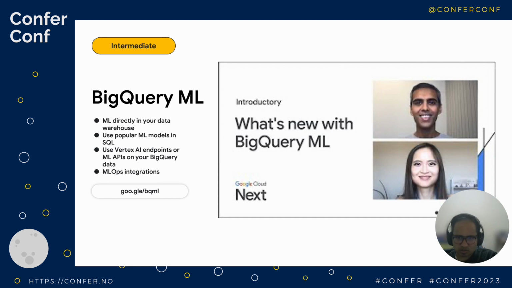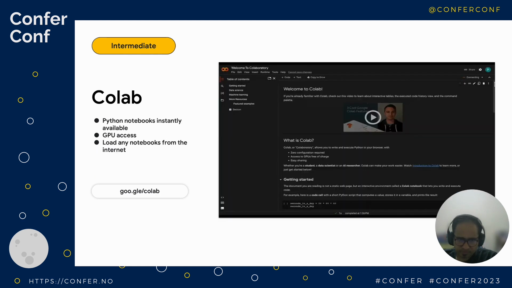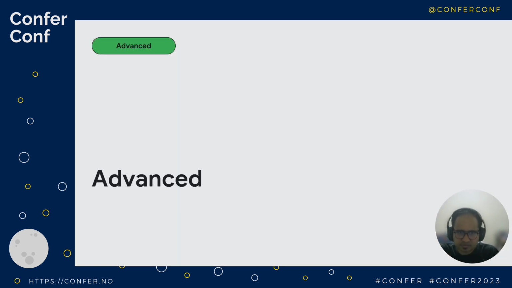BigQuery machine learning is also there, where you can query your machine learning models directly with your data powerhouse. You also have Google Colab, which is an awesome tool which gets you access to Google's free GPUs, and it lets you quickly prototype and build out your ideas.